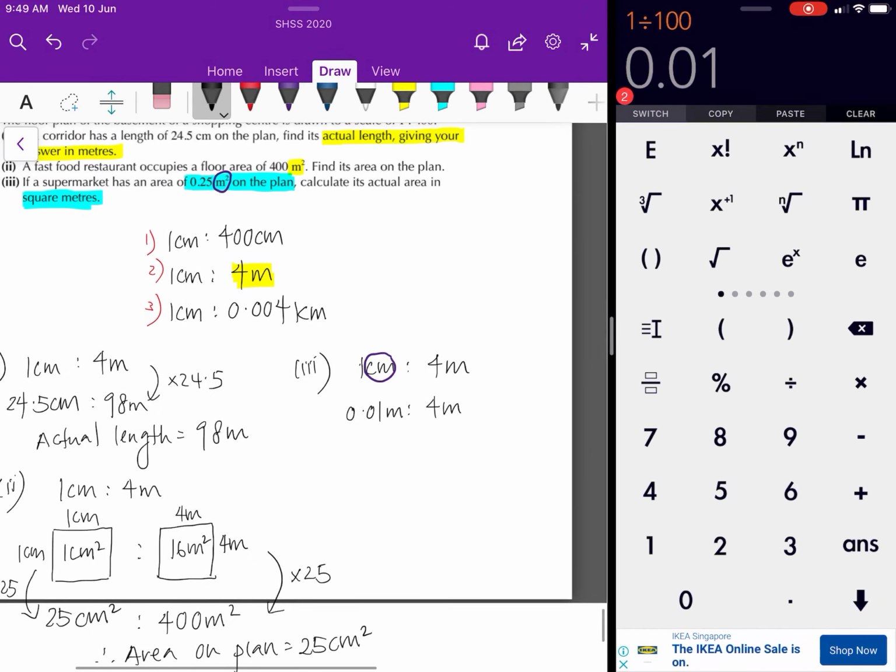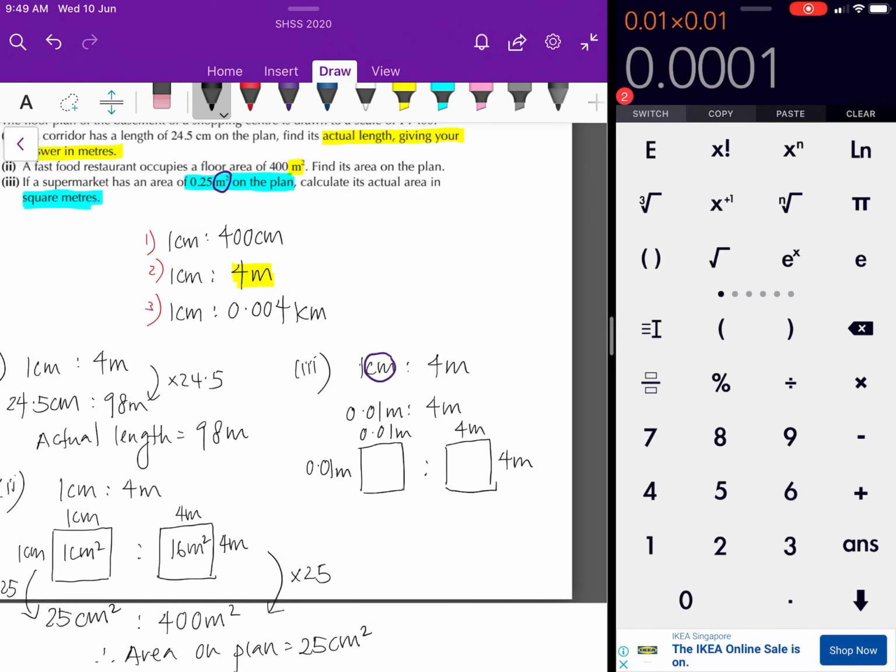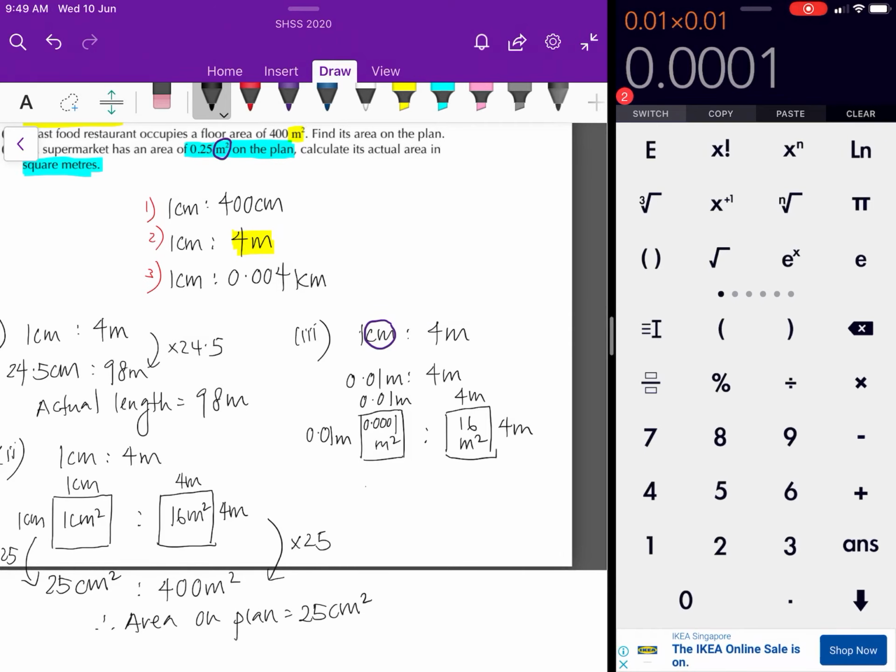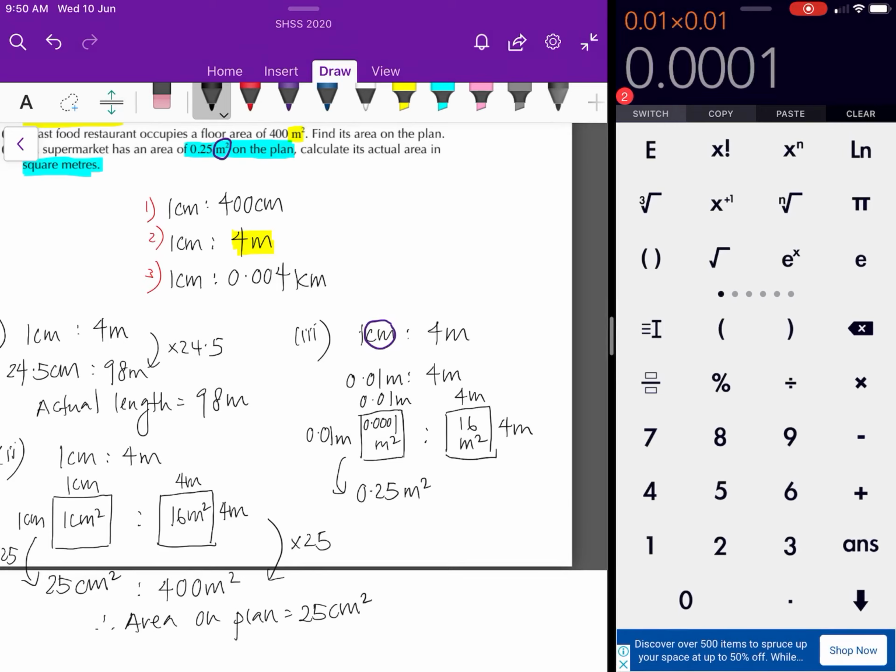They want area. If they want area, we're going to draw a square and find the area. This is 0.01 meters, 0.01 meters. This is 4 meters, this is 4 meters. Now 0.01 times 0.01 is 0.0001 meters square. 4 times 4 is 16 meters square. Now it says 0.25 meters square on the plan. So how do I know what to multiply to get 0.25? Very simple.